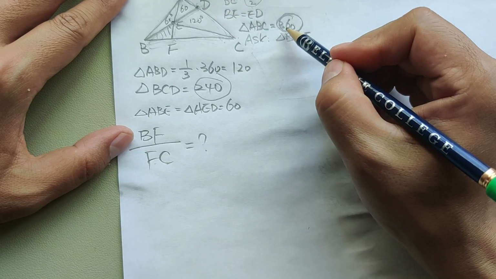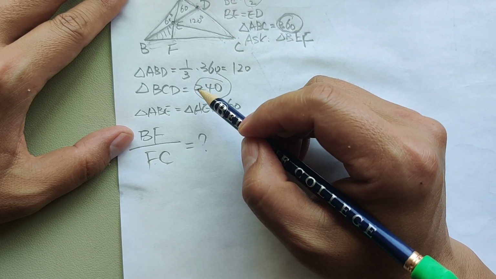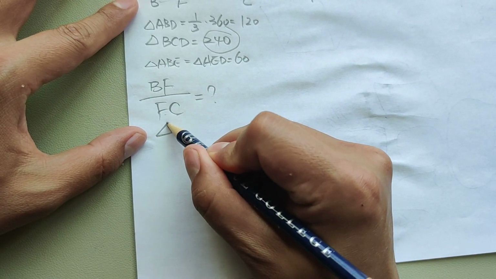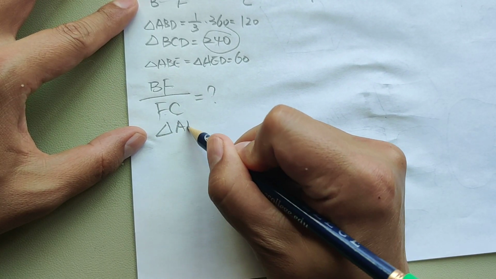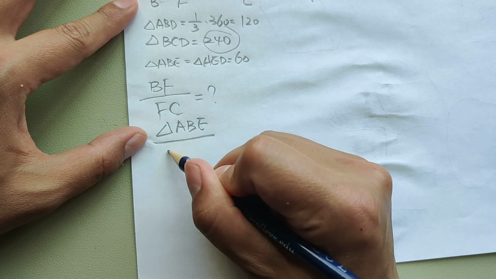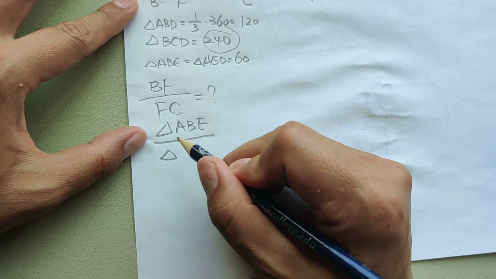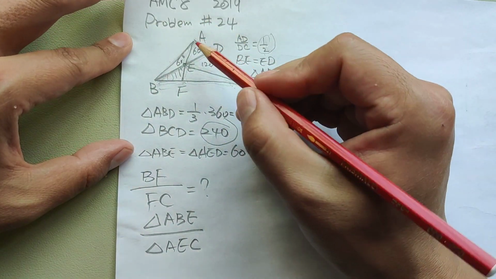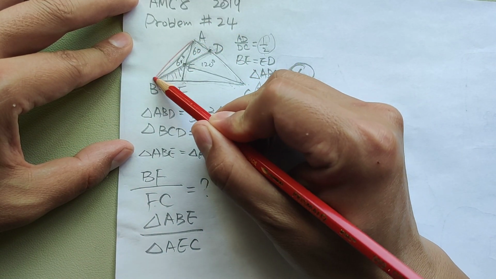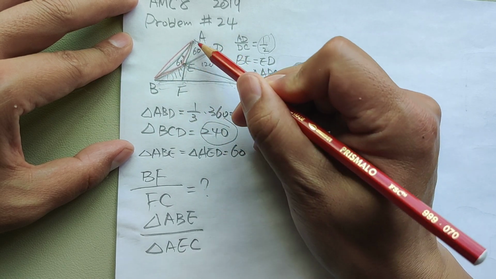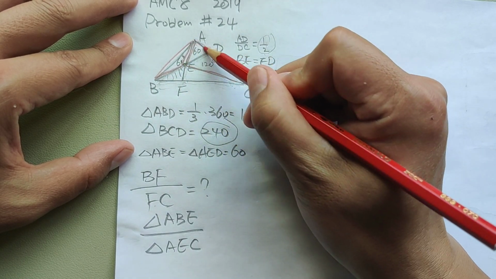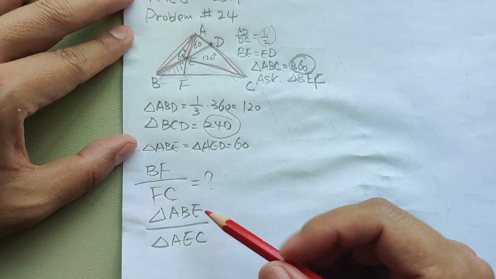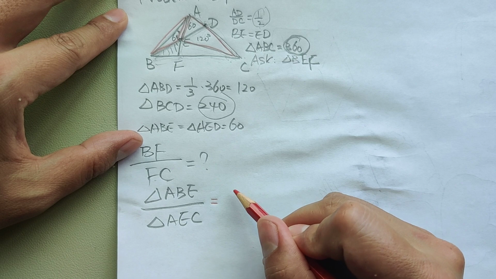So that totals 360 here. Okay. Let's ask this question. What is ABE to AEC? Let me write down here.